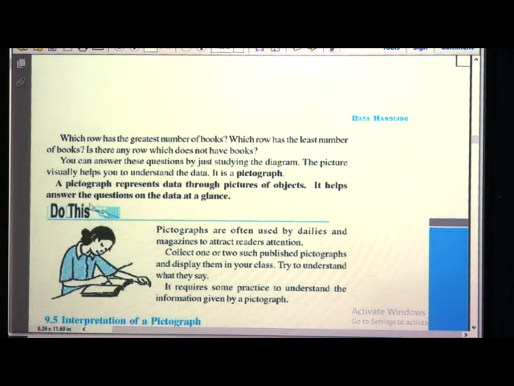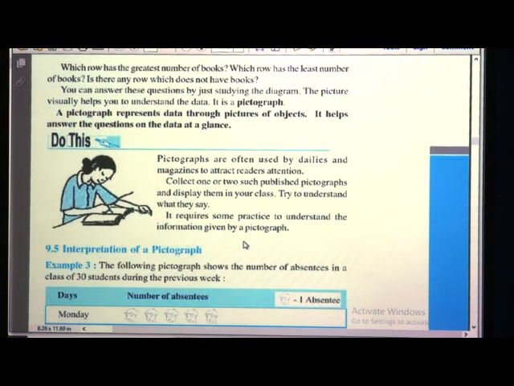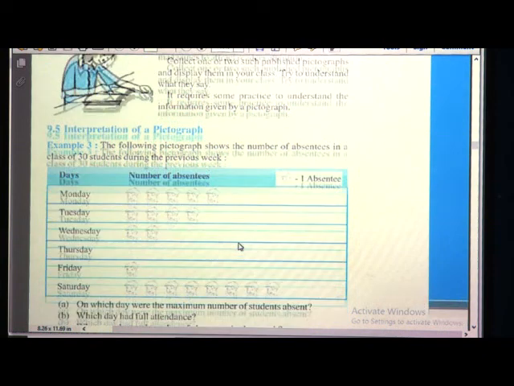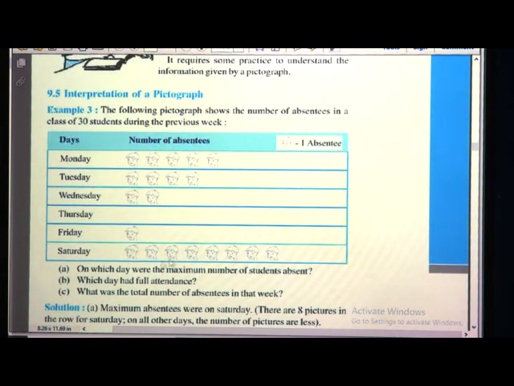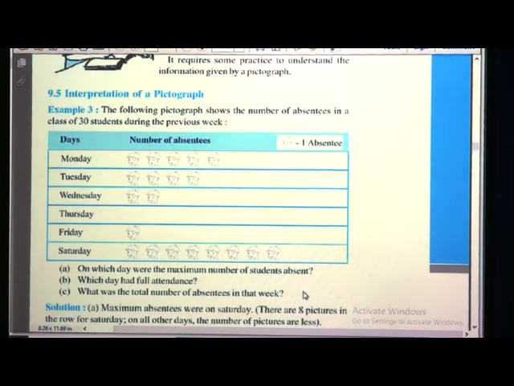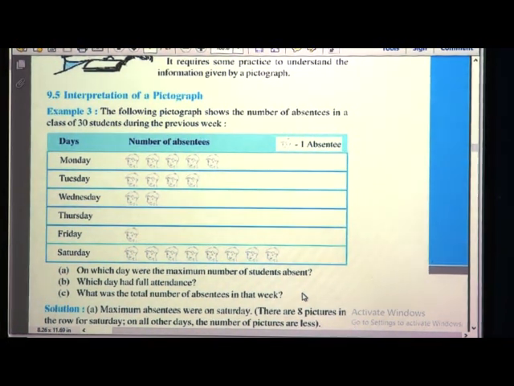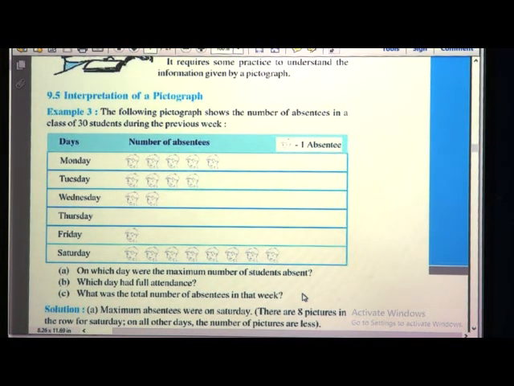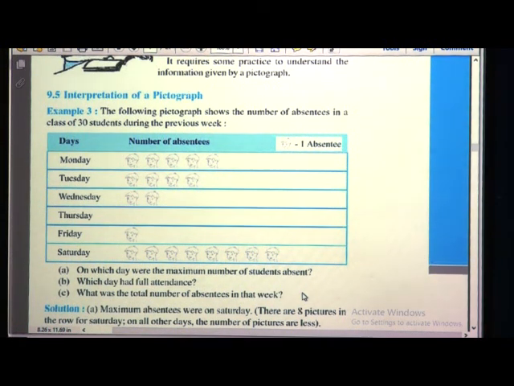It helps answer the questions on the data at a glance. Then we have seen interpretation of pictograph. It means when a pictograph is given, we can easily find the answers, or in some other way, in a question, we have the number of the data only given. So we have drawn the pictograph by using the data.